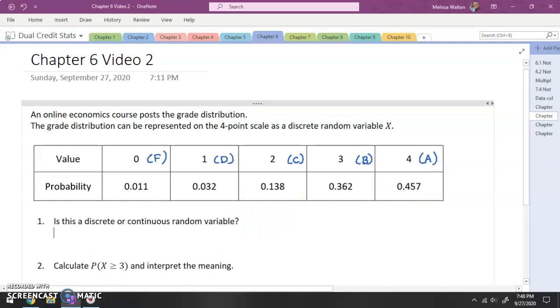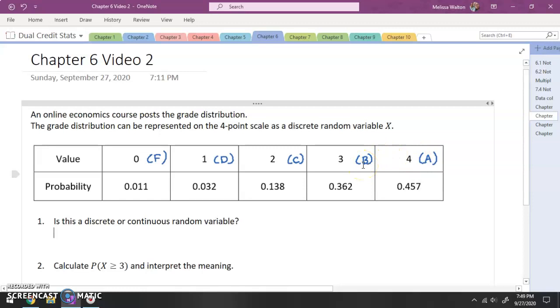So first question, is this a discrete or a continuous random variable? Well, let's take a look. If this were a continuous random variable, that would mean that every single value between 0 and 4 would be a possibility. However, if you get an A, you get a 4.0. If you get a B, you get a 3.0. In this example, and at most colleges, there's really nothing in between a 4.0 and a 3.0.